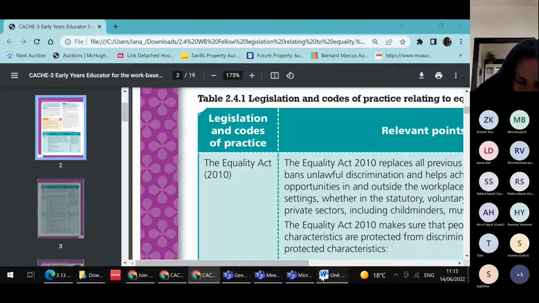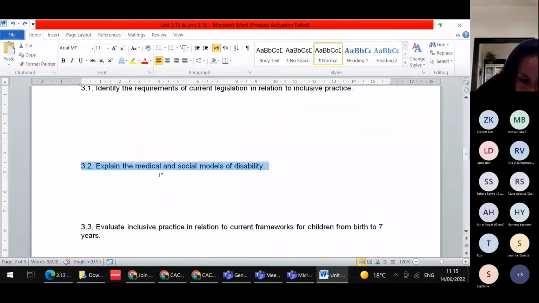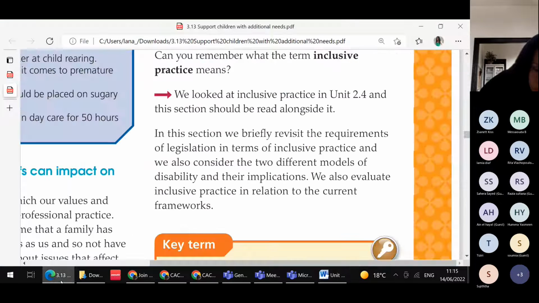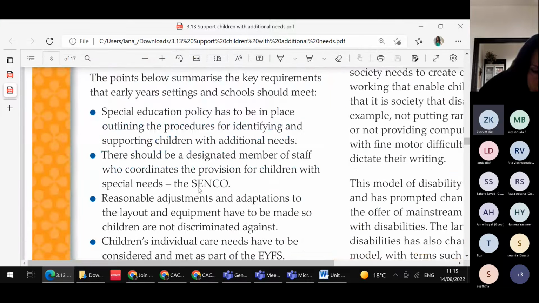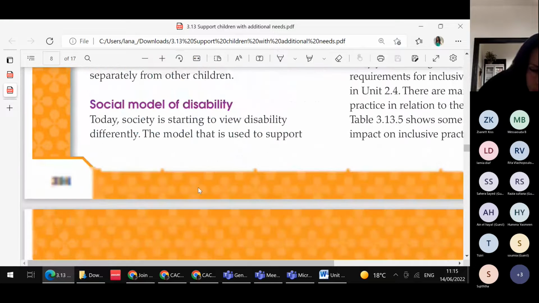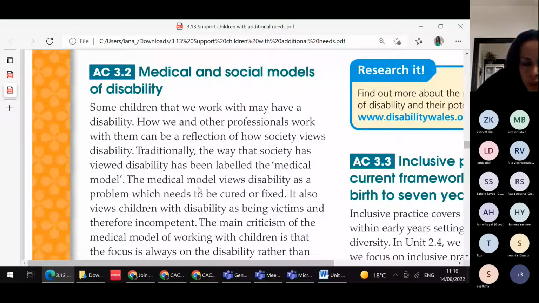Now, going back to our unit, it says explain medical and social models of disabilities. So let me go to 3.2. So 3.2, medical and social models of disabilities.